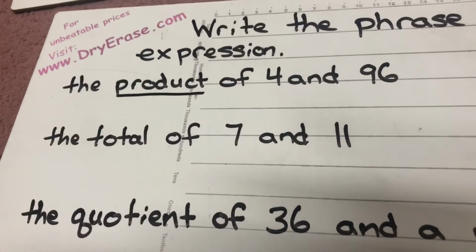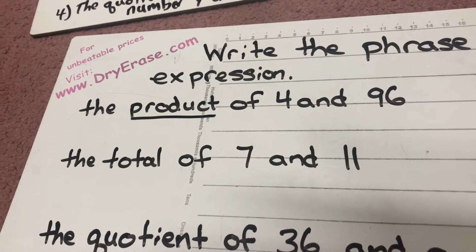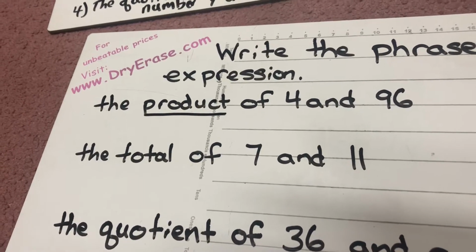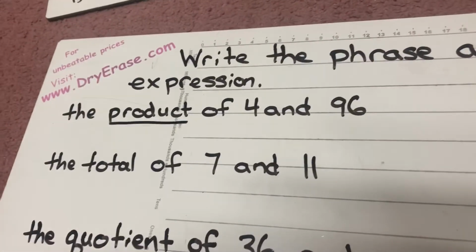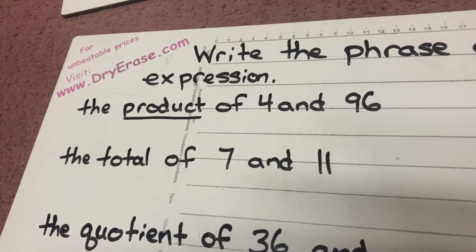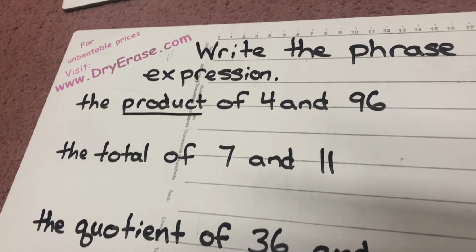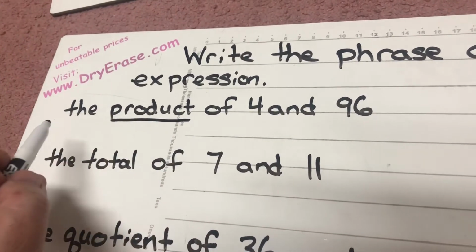And as a sixth grader, we need to remember that the product is what we call the answer to a multiplication problem. So it's the product of 4 and 96. Now, we know that 4 times 96 equals the same thing as 96 times 4. However, when we have these word phrases, we want to put them exactly how they say it.